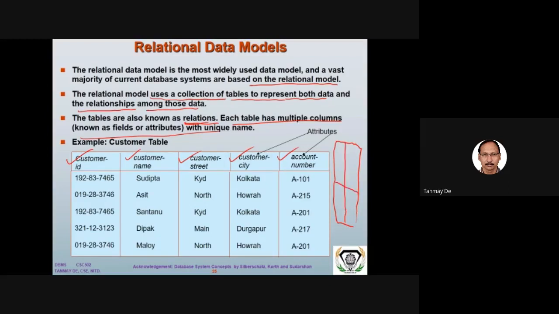This account table is described by two attributes: account number and balance.